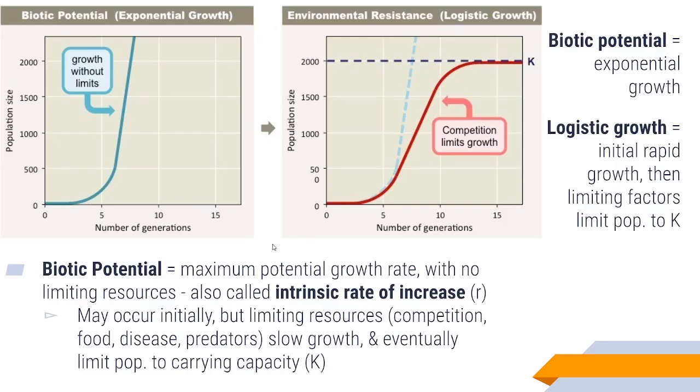Now, as we talk about population growth, we come across something that's called biotic potential. You'll see this in a few different areas. Biotic potential is basically growth rate. If you have no limiting resources, we call this the rate of natural increase. How fast, how much growth can actually happen within a population.